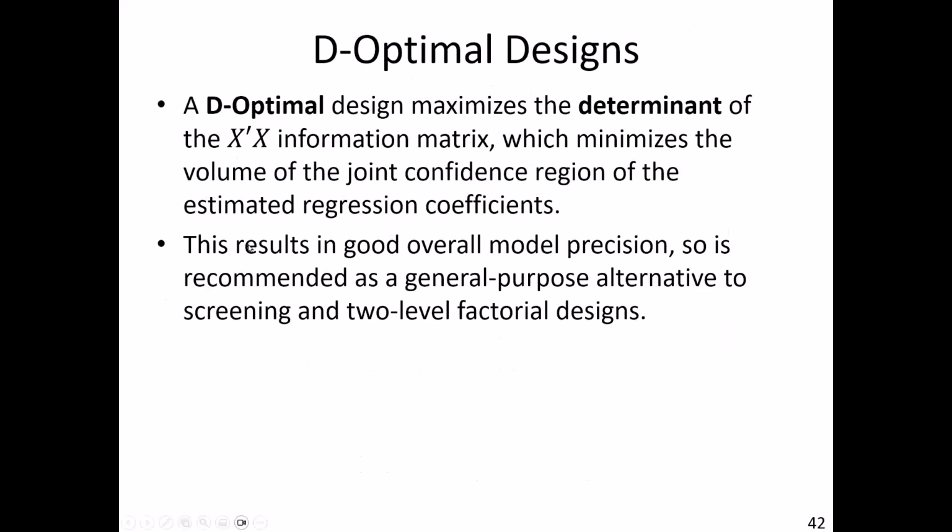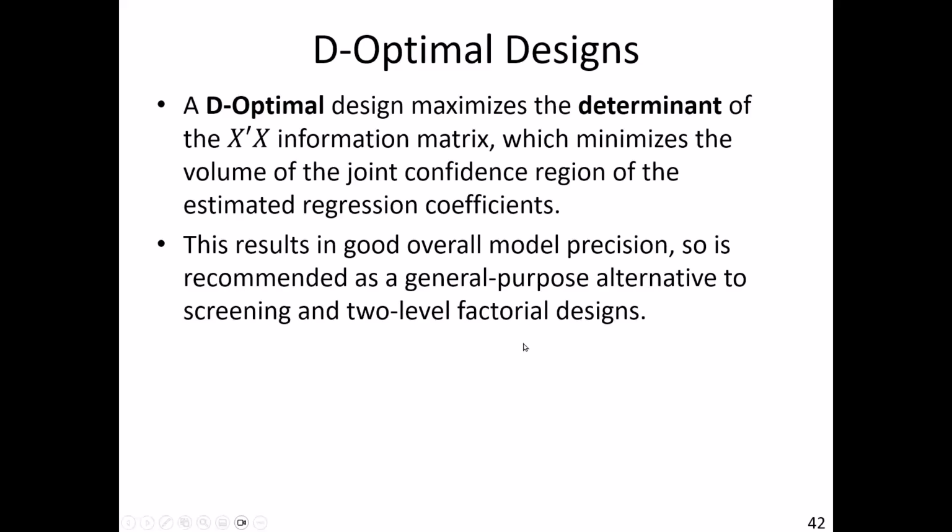All right, so D-optimal designs. A D-optimal design maximizes the determinant of the information matrix, which minimizes the volume of the joint confidence region of the estimated regression coefficients. This results in good overall model precision, so it is recommended as a general purpose alternative to screening and 2-level factorial designs.